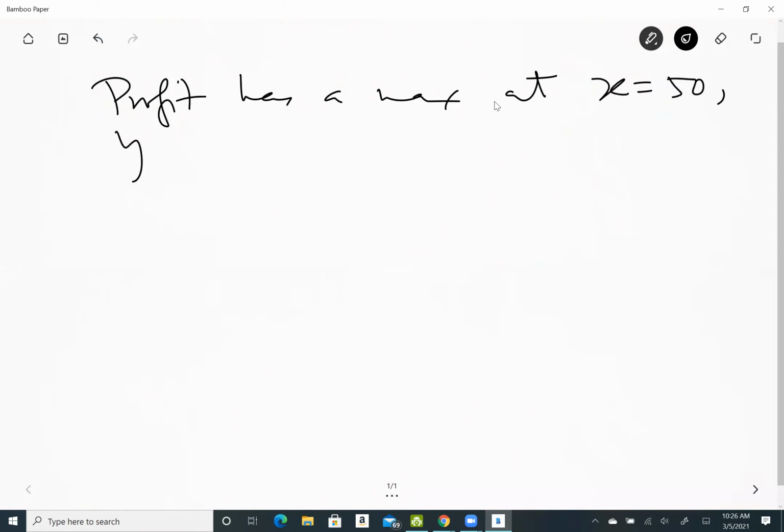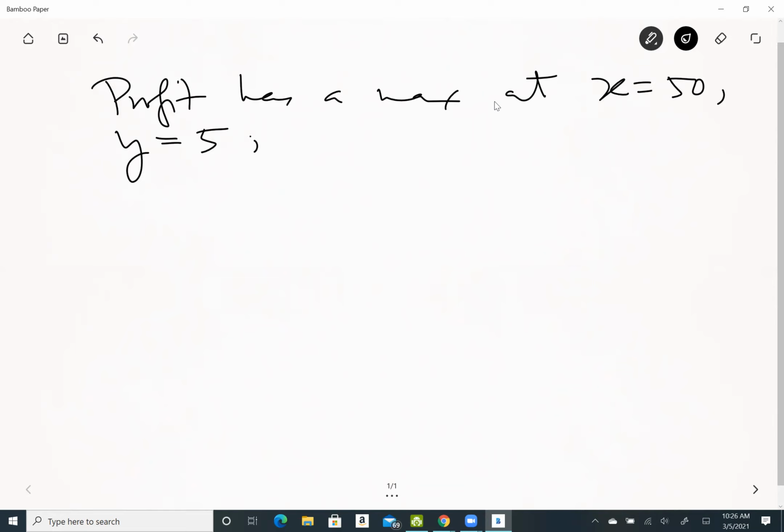So we say the profit has a maximum at X equal to 50, Y equal to 5. Now, what do you want to do?